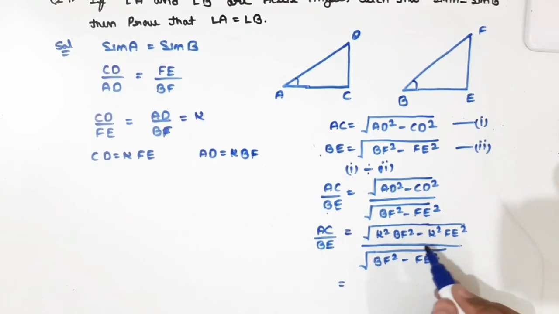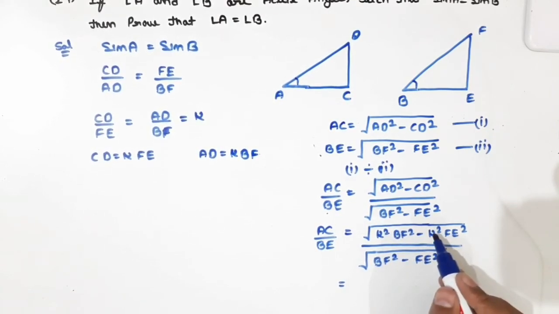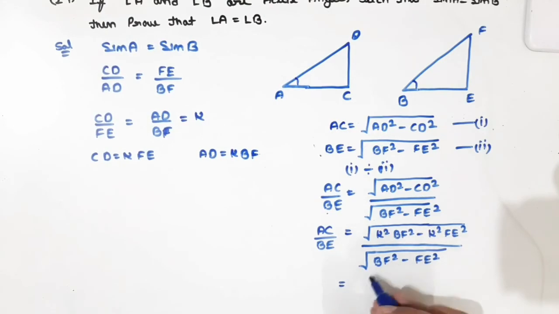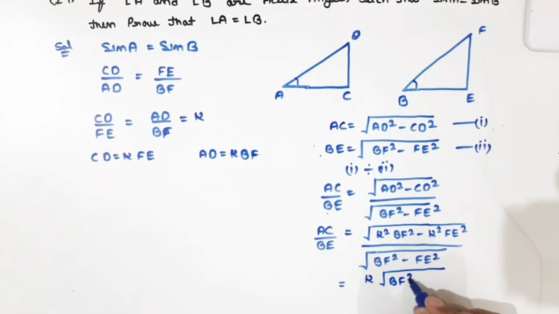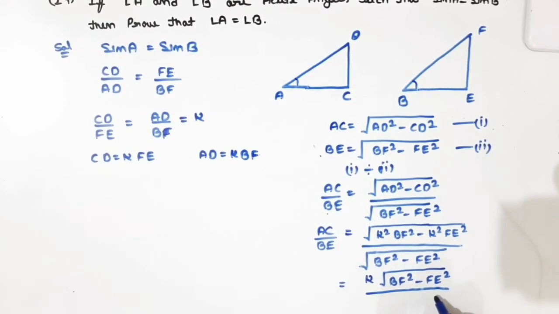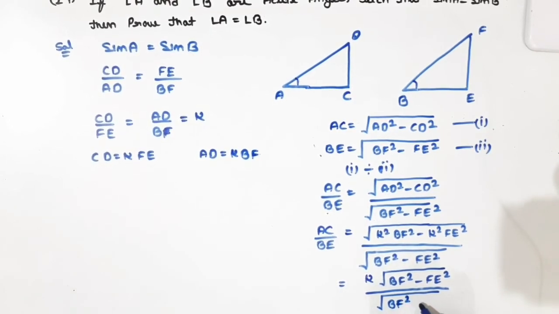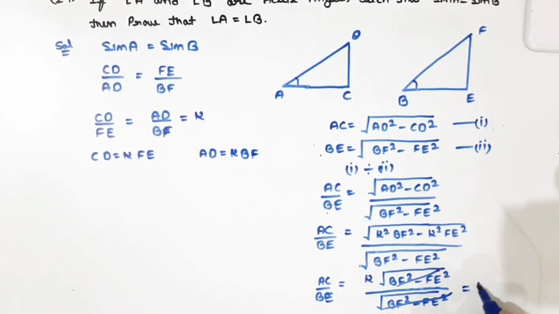So from here K square is common, and when K square comes out of the root it will become K, under root BF square minus FE square upon under root BF square minus FE square. This will be cancelled out. So AC upon BE will be equal to K.